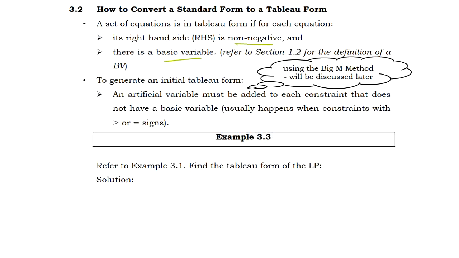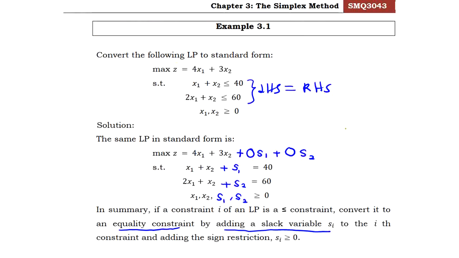Okay, let's look at example 3.3. Refer to example 3.1. Find the Tableau form of the LP. So we have obtained a standard form for this LP in example 3.1. For example 3.3, we need to convert this standard form to a Tableau form. So how do we do this?